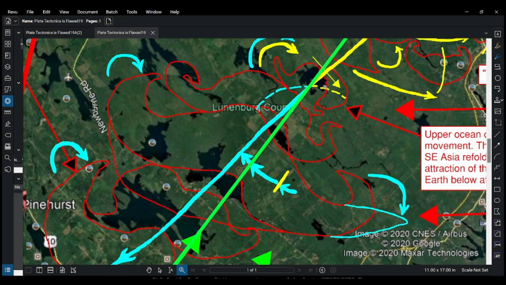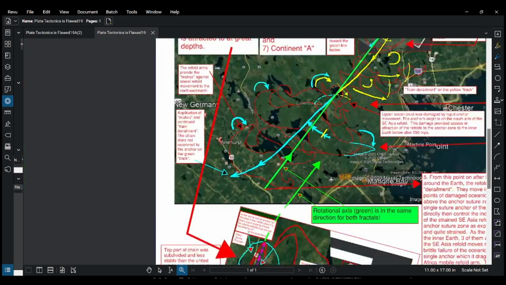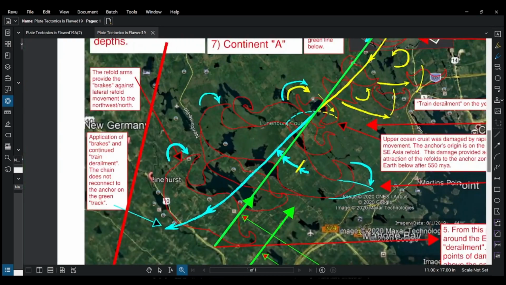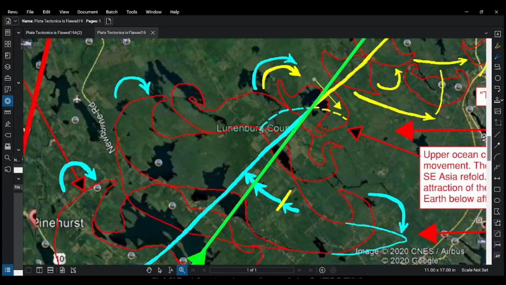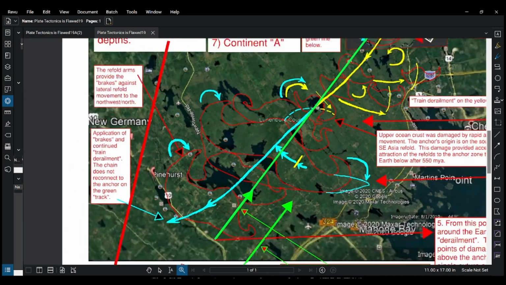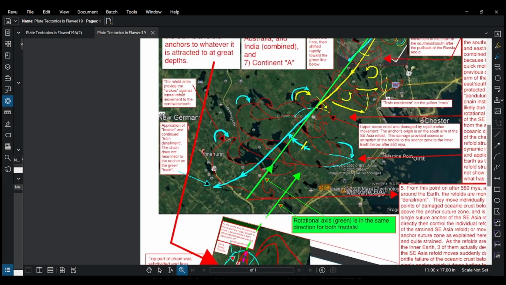This one that came in to the equatorial spin axis has now caused a weak spot in here because it went like that during this motion with the yellow arrow from that twerk, as I described above. So that big yellow arrow just ripped this from here to where it is here. In the process, that arm ripped the area in here, so there's a weak spot. Just remember that. That's going to attract the refolds there.